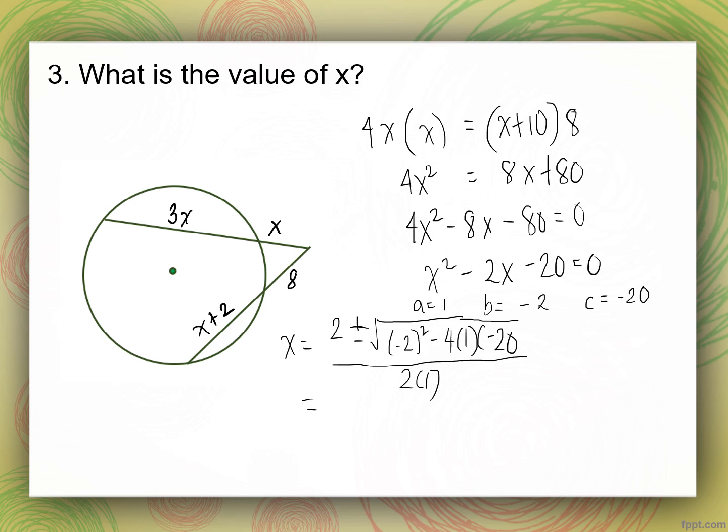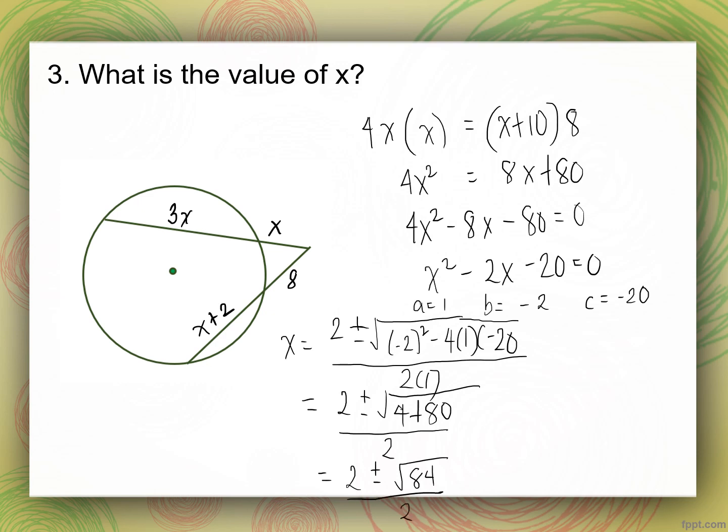Let's simplify. This would be 2 plus and minus the square root of 2 squared is 4, and then -4 times -20 is +80, all over 2. Simplify further. This would be 2 plus and minus the square root of 4 plus 80 is 84, all over 2.